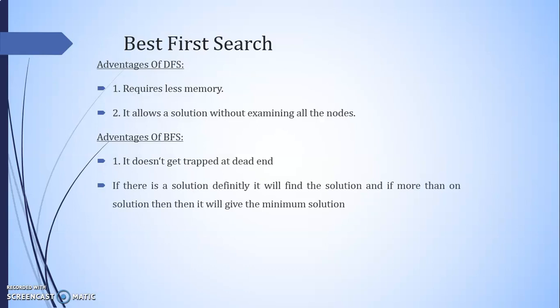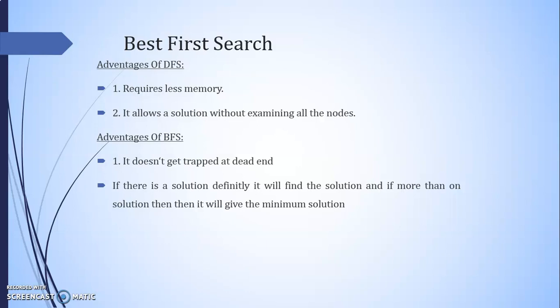The second one is, if there is a solution, it will definitely find the solution. And if there is more than one solution, then it will give the minimum solution. So BFS is best for giving the solution in the form of minimum cost.